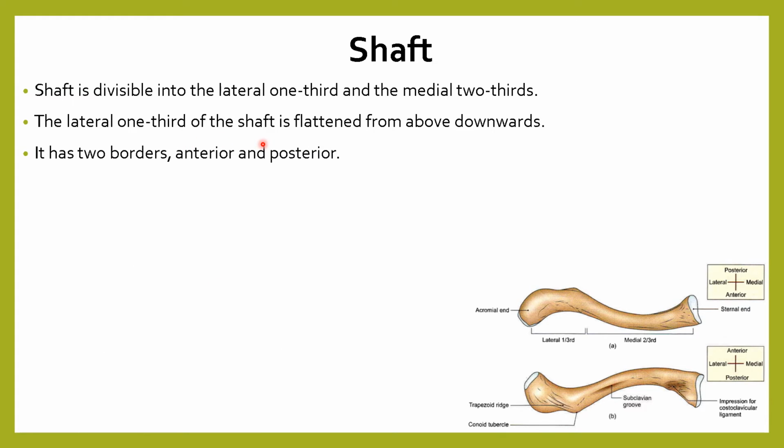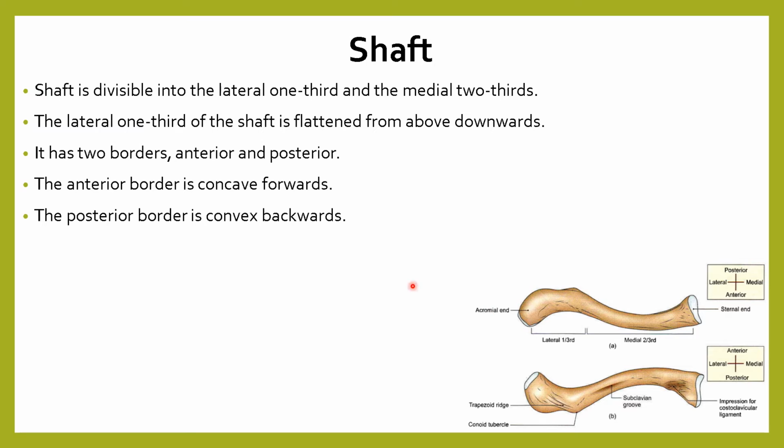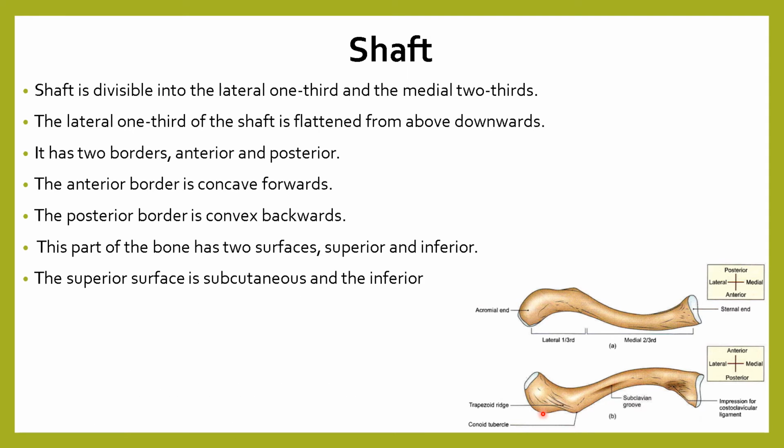Anterior border is concave forward, and posterior border is convex backward. It has two surfaces, superior surface and inferior surface.